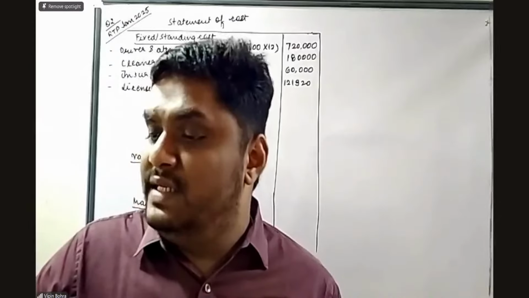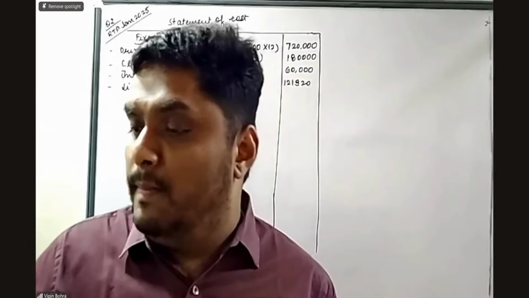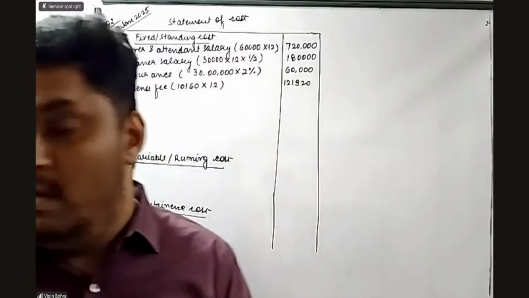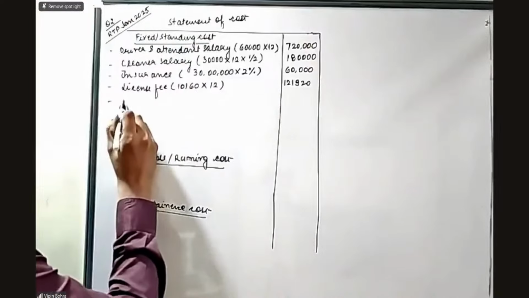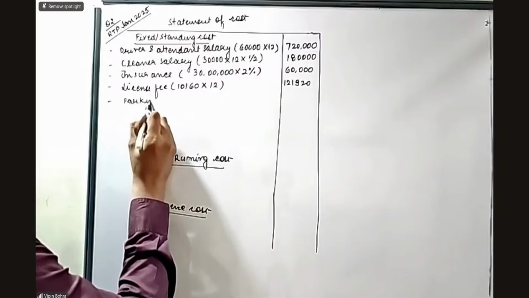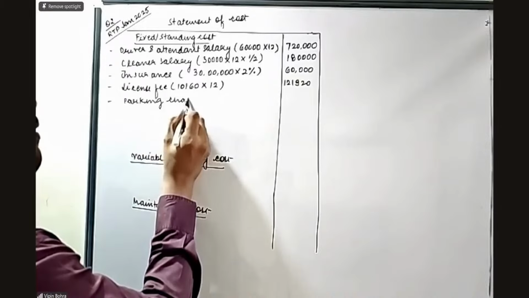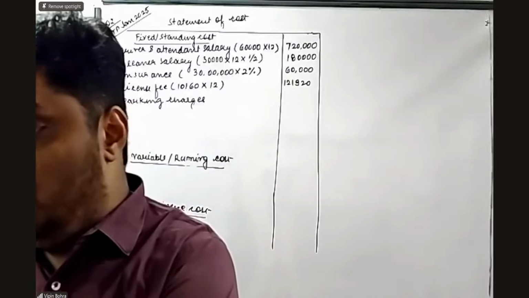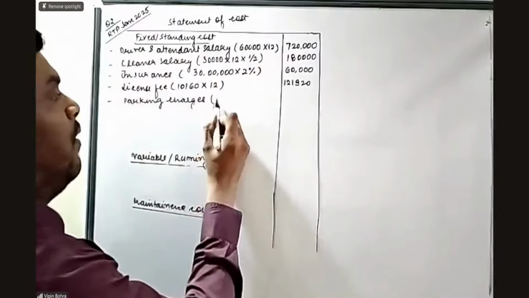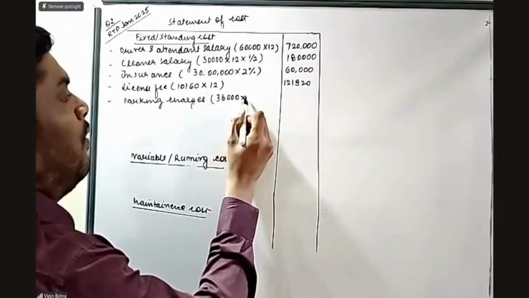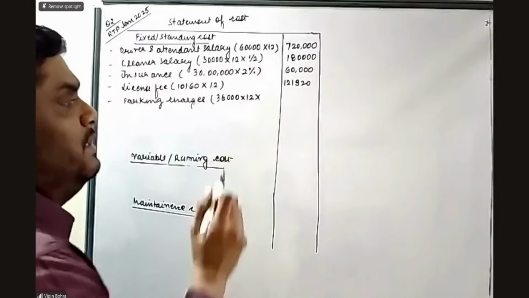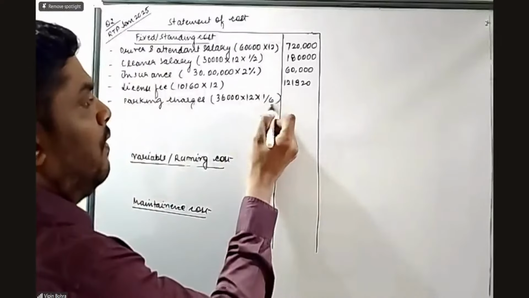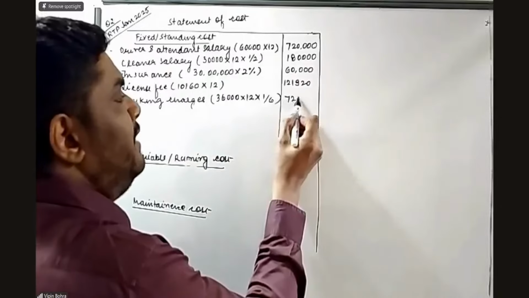Parking charges are paid 36,000 per month, into the number of buses, that is the total number of buses are 6. So this will be 72,000.